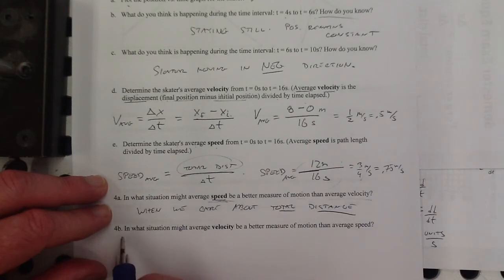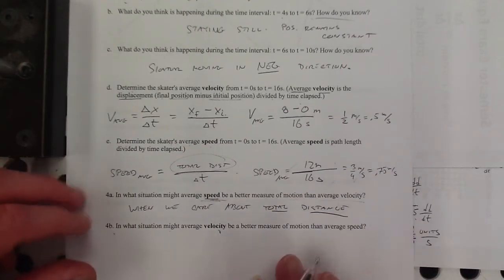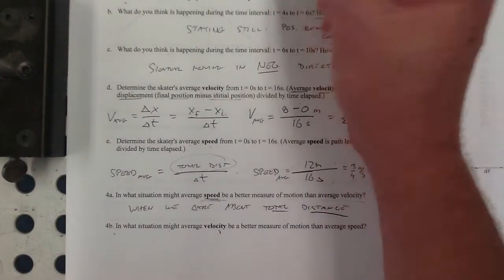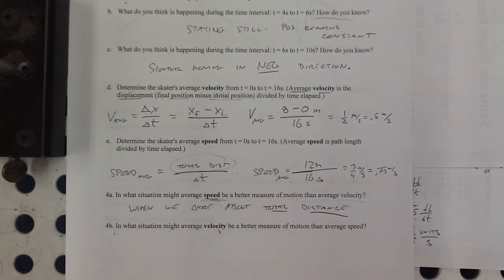And in what situation might average velocity be a better measure of motion? Well, average velocity, if you only care about where something is at the end. For example, if you needed to borrow my van to go pick up some drywall at Lowe's and drive it somewhere, and I said, sure, you can borrow my van.